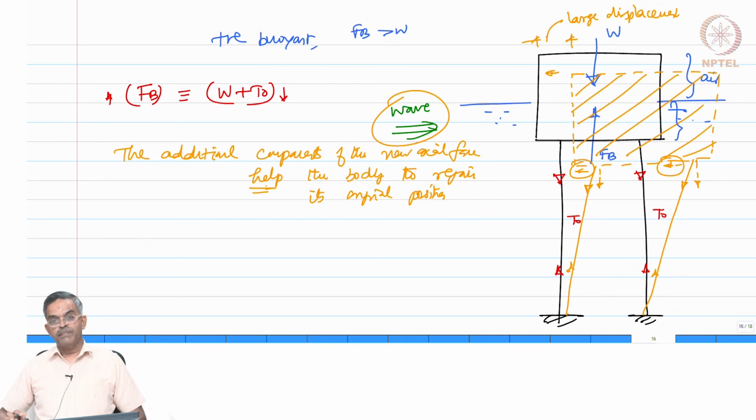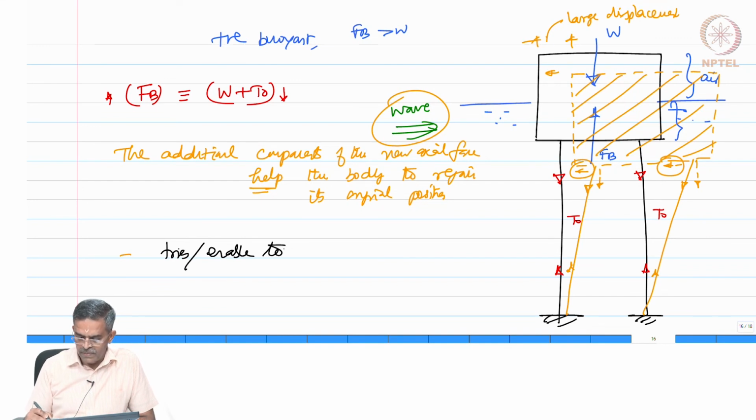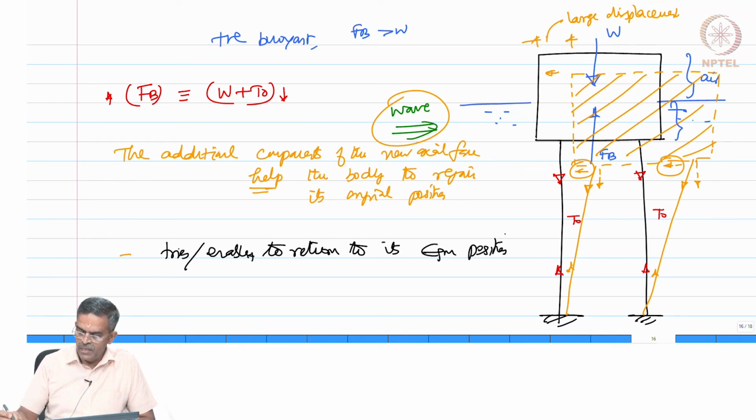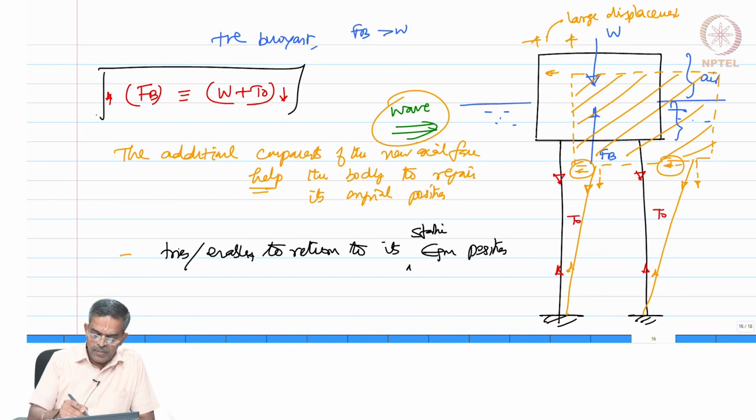Now, in simple terms, when such a body tries or enables to return to its equilibrium position, let me be very clear, to its static equilibrium position, because the equation of static equilibrium is this.